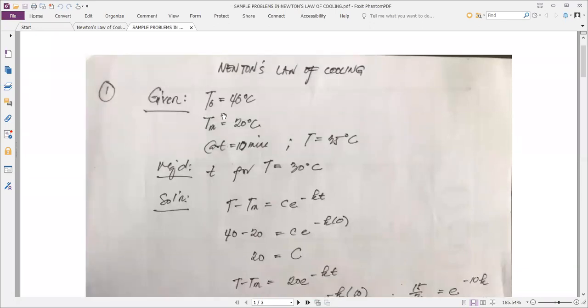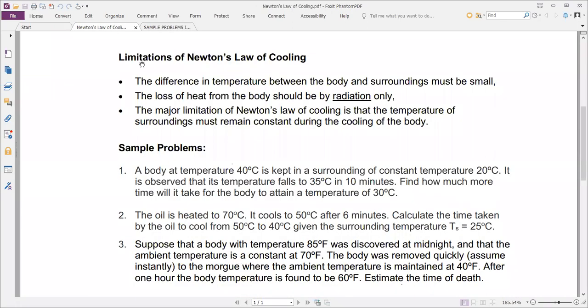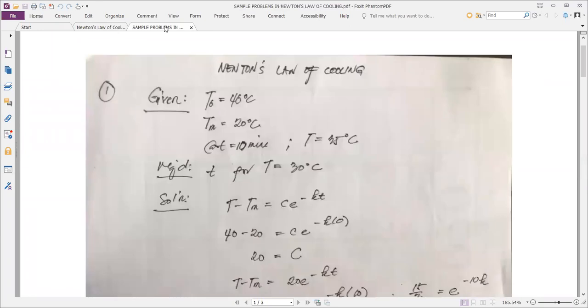The T sub O that I have written here is the initial temperature of the body. So that's your body temperature of 40 degrees Celsius, the initial temperature. In here, we will represent initial temperature as T sub O. If you want to represent it as T sub 1 or T sub I, as long as you define it later on when you write your solution, I don't have any problem with that.